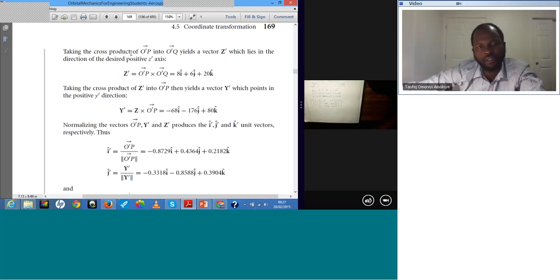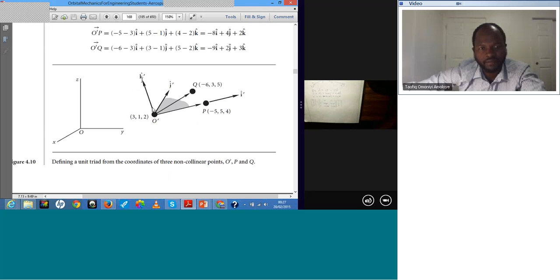So the cross product of OP and OQ yields a vector Z prime which lies in the direction of the desired positive Z prime axis. Then taking the cross product of Z prime into OP gives a vector Y prime which points in the positive Y direction.